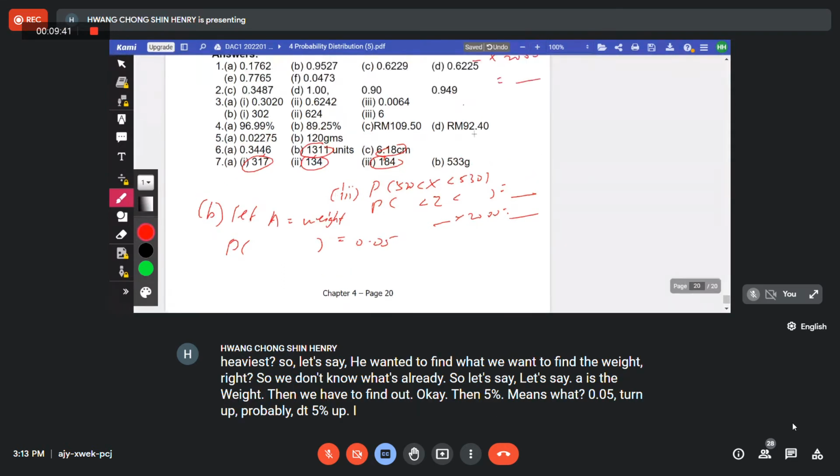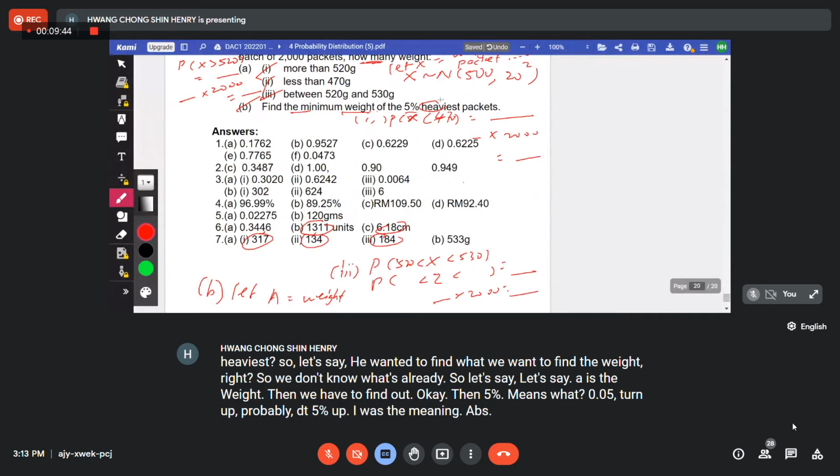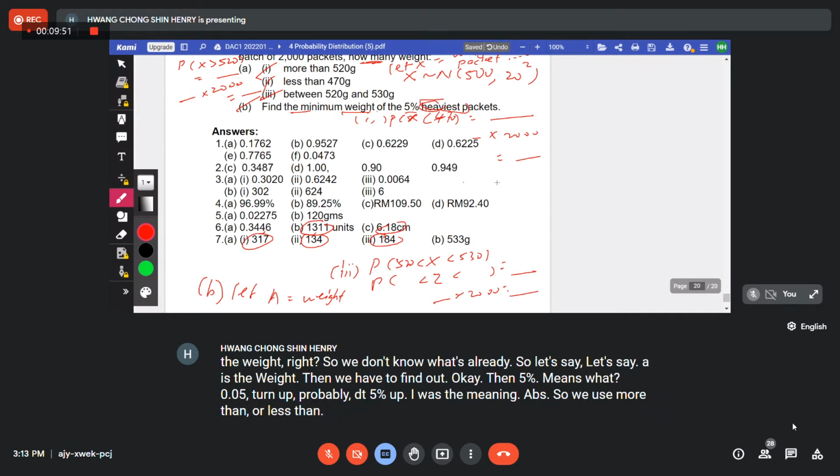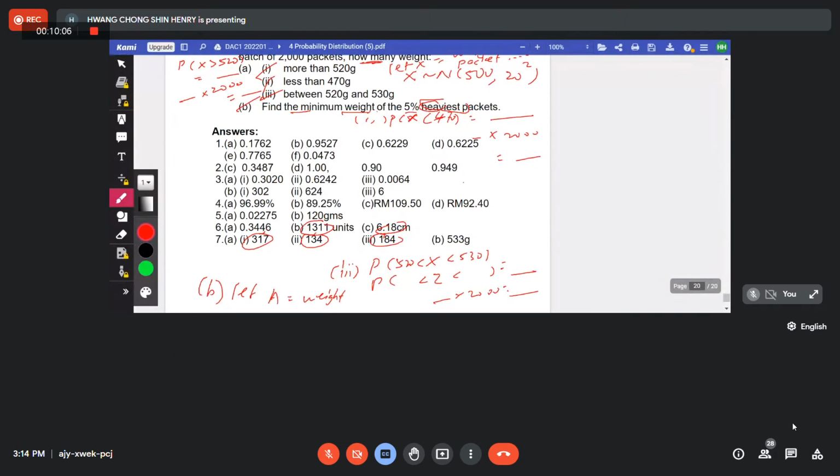Now what's the meaning of heaviest? So we use more than or less than? Heaviest, we use what?